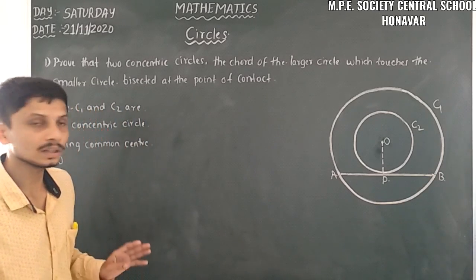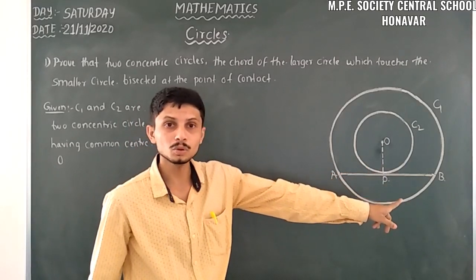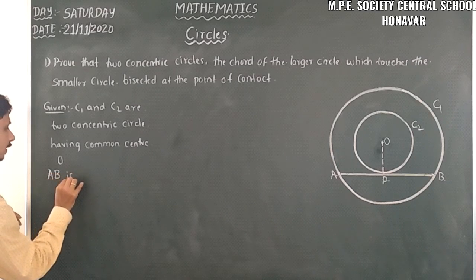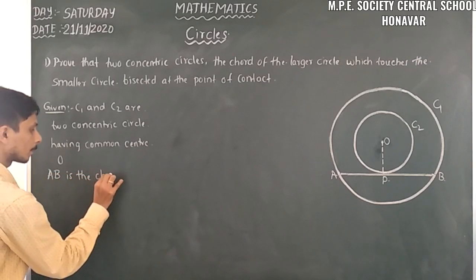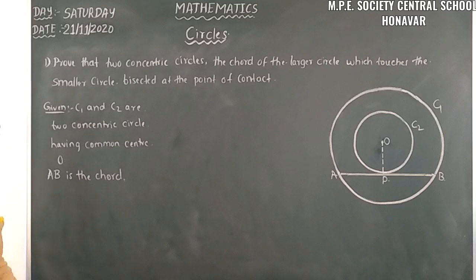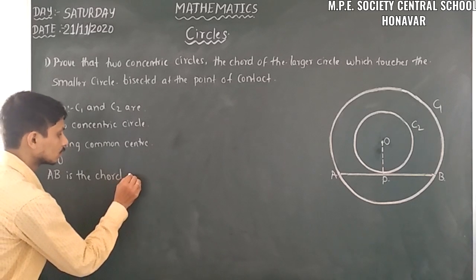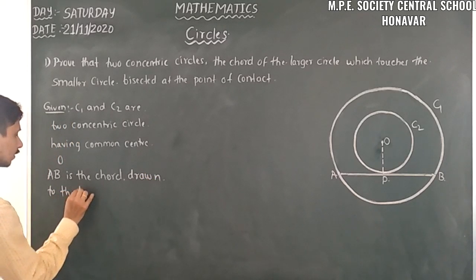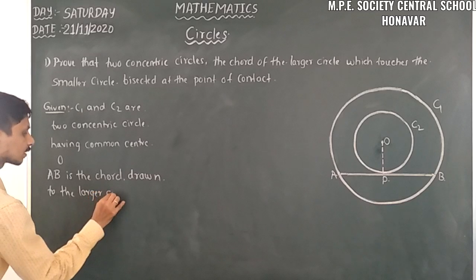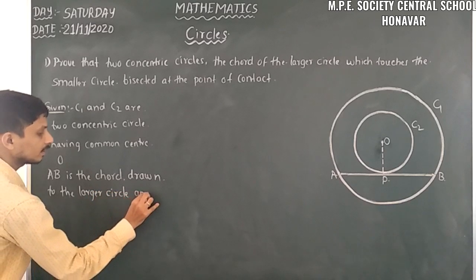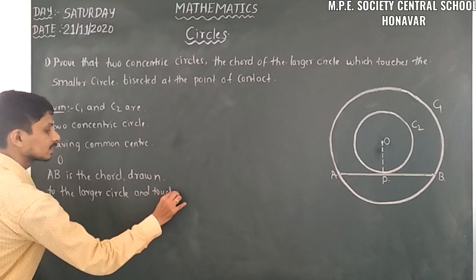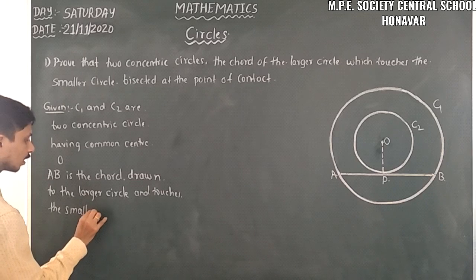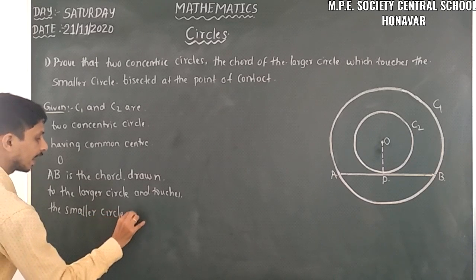Then what we have to prove here? We have to prove AP is equal to PB, and AB is the chord drawn to the larger circle and touches the smaller circle at one point.